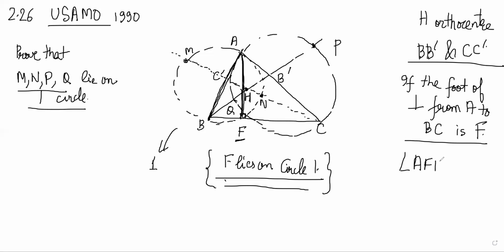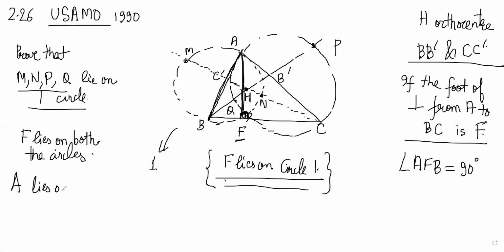Angle AFB is 90 degrees. Since AB is a diameter, that makes sense because of the angle in a semicircle, right? Similarly, because AC is a diameter, F also lies on the other circle, because again there is a 90 degree angle here. So the figure is such that F lies on both the circles, and A also lies on both the circles, right?